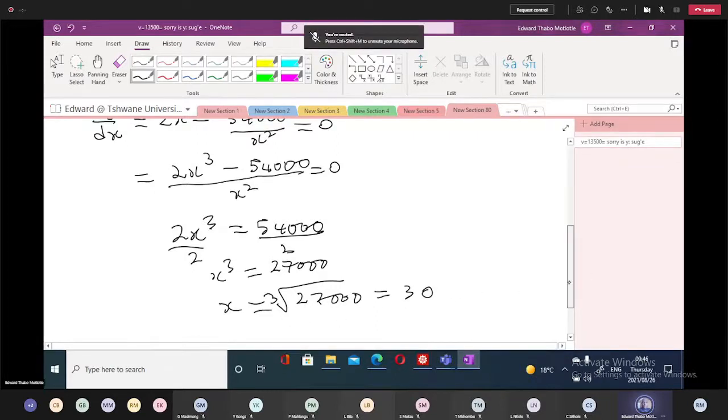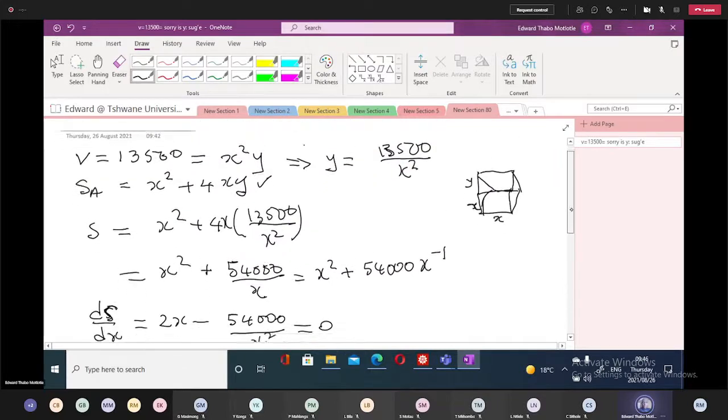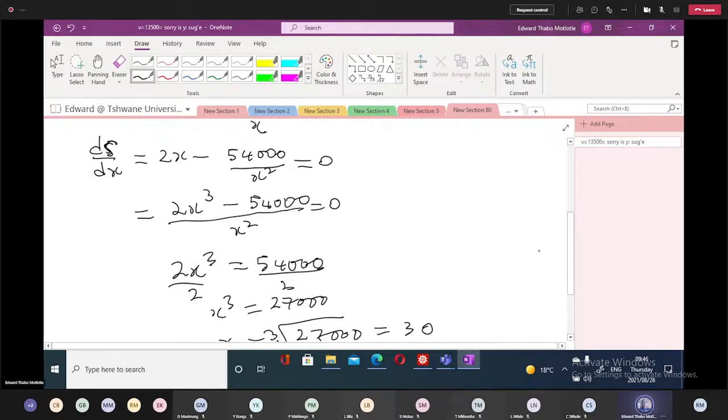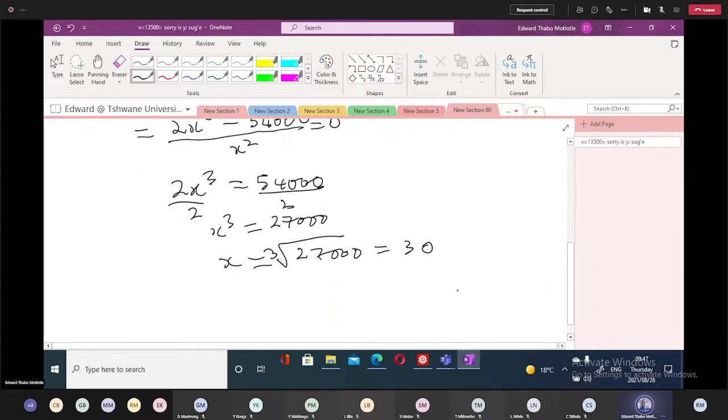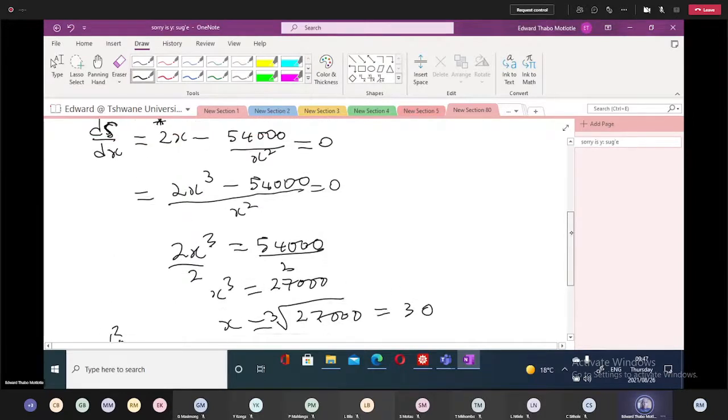Now we have to test this value using the second derivative test. So we are going to differentiate again to determine the second derivative, to check if indeed it is giving us the minimum. So we have d squared S over dx squared.